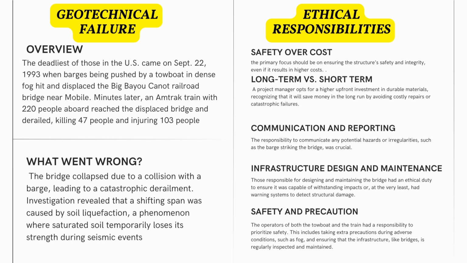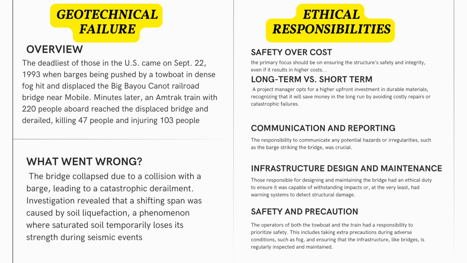The second one is long-term versus short-term. It's crucial to ensure that structures we create are not only safe and reliable, but also durable and efficient, meeting both current needs and future demands. While short-term solutions might seem cost-efficient or convenient, they can lead to higher risks, more frequent repairs, or even failures down the line.